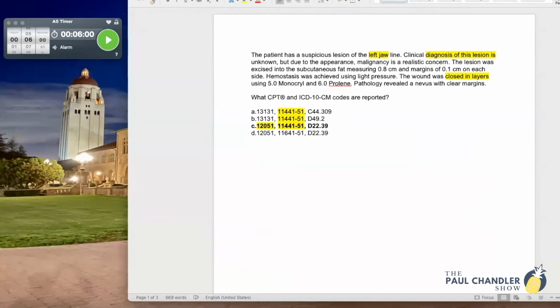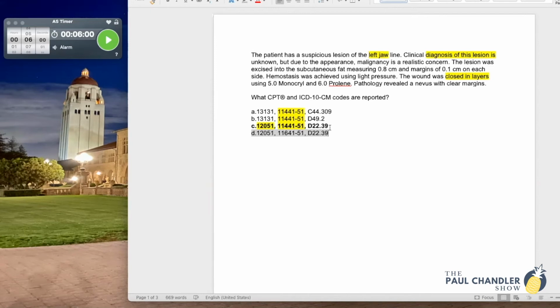So why I like, again, Charlie. I had 1144 modifier 51 in there 3 times. That made me not like Delta, so I'm going to grade that one out. And then I was liking Charlie next, because even though I eliminated Delta, 12051 is in Charlie and Delta, but also that D22.39 is in Charlie and Delta.